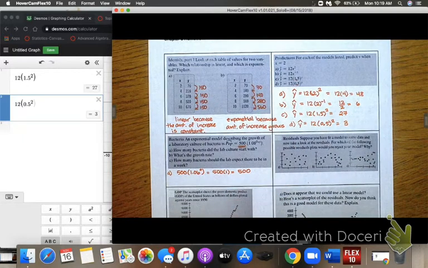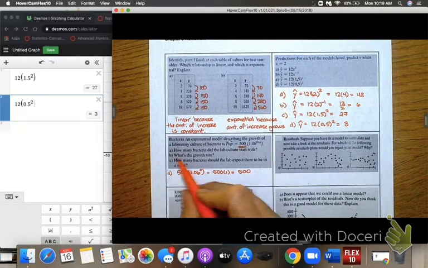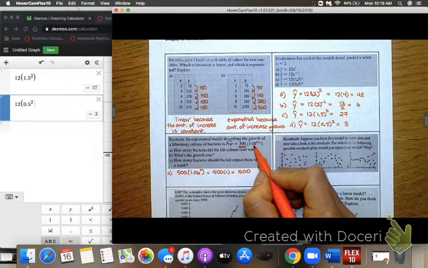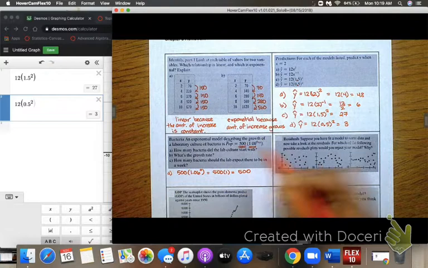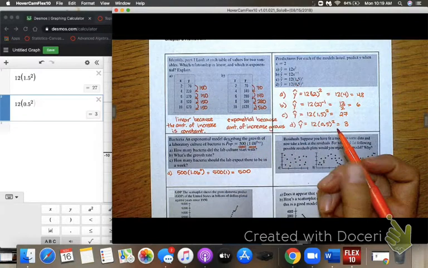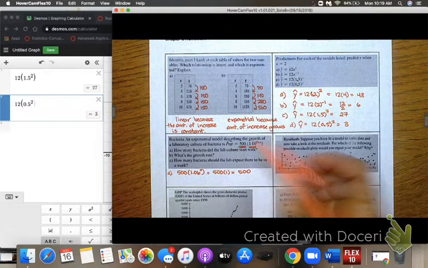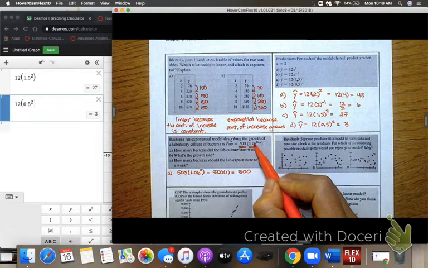So next, what is the growth rate? The growth rate is told to us by this number here. This number is 1.06. We think about our growth rate as a percent, so 1 meaning the whole, and we're looking at anything above the whole.